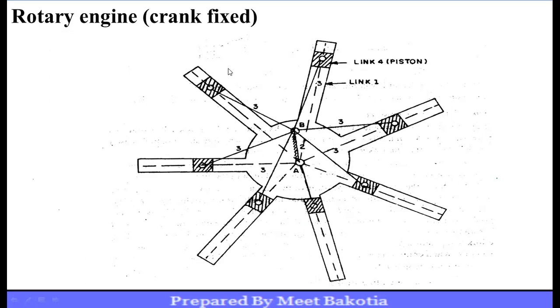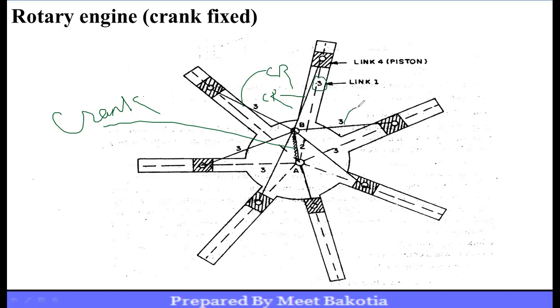Link 2, like I said, our crank link, is fixed over here. So when the link 3, these are our connecting rods. See, this is link 3. These are our coupler rods or connecting rods. So when our link 3 moves, as the motion of the connecting rod takes place, the piston is going to reciprocate.